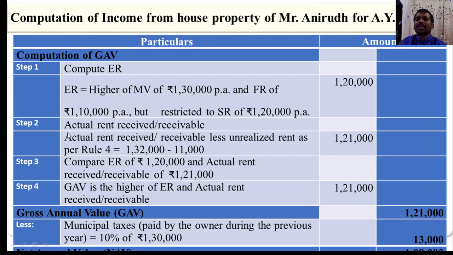Then next come to actual rent. Actual rent received or receivable. Here actual rent received or receivable less unrealized rent as per rule 4. Actual rent received is 1,32,000.